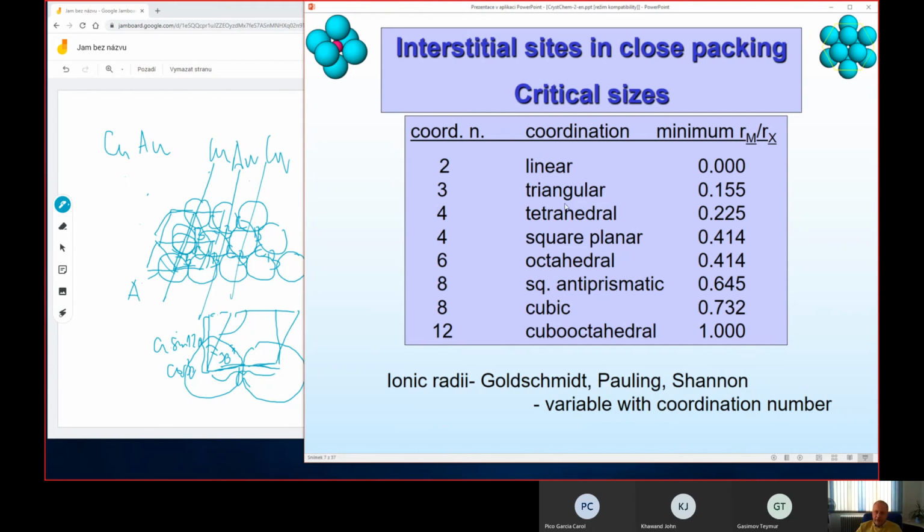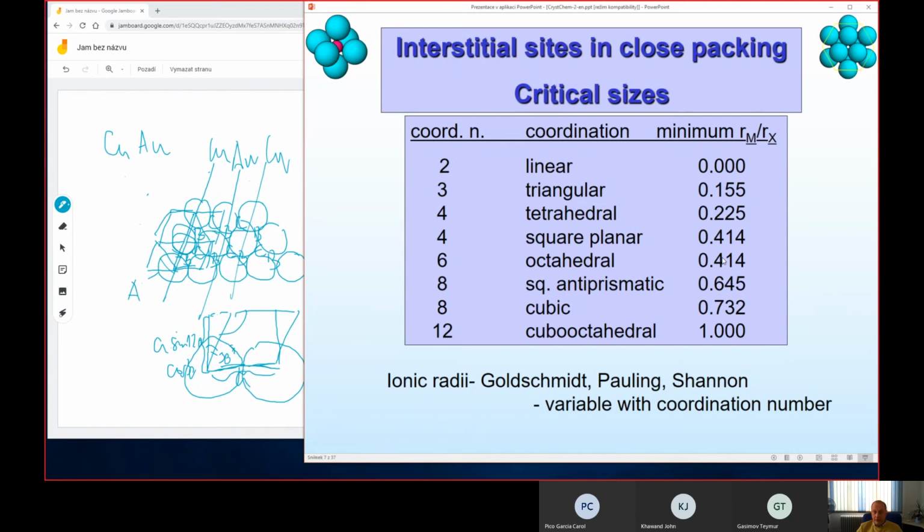For tetrahedral, the ratio between the radii of the small and large atom would be 0.225. And for the octahedral, which corresponds also to square planar arrangement, it would be 0.414.